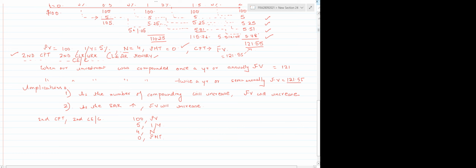Press 0, then PMT. Then can you see the CPT button top left corner? CPT, then press FV. After pressing CPT, press FV.